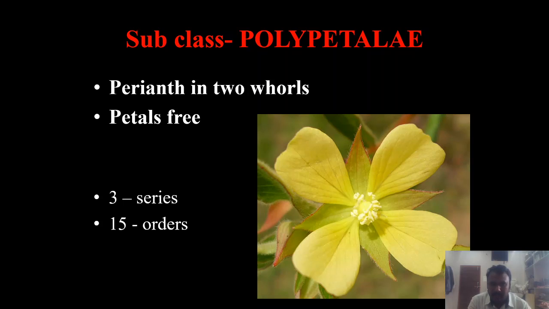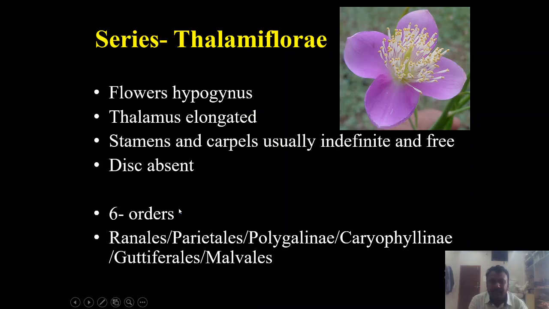Then the subclass Polypetalae. The characteristic features of Polypetalae are perianth in 2 whorls, petals free, that is, the inner whorl of the perianth is free. These are the petals, they are free. It has 3 series and 15 orders. The first series is Thalamiflorae.